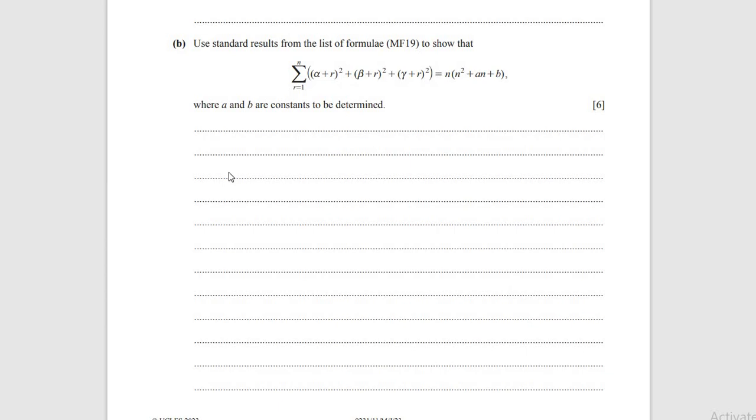Okay, now what we should do here is just don't think too complex, just do your normal expansion.